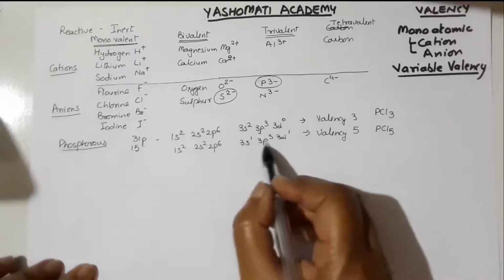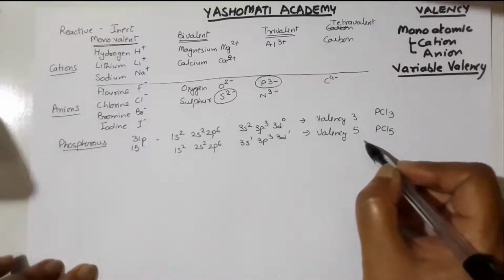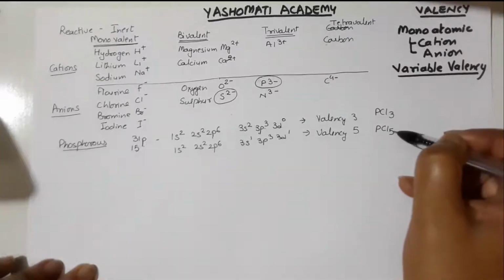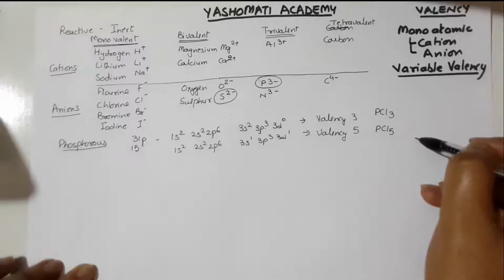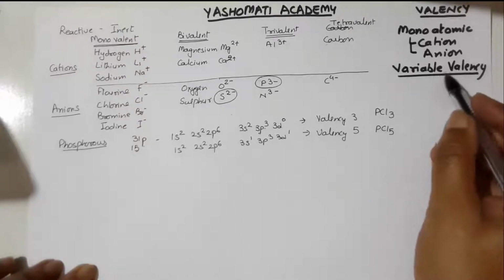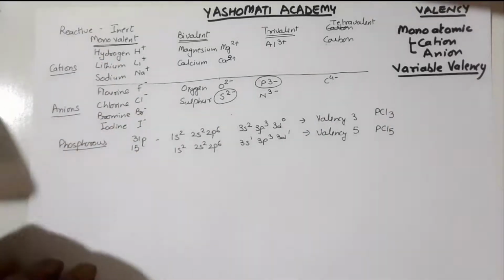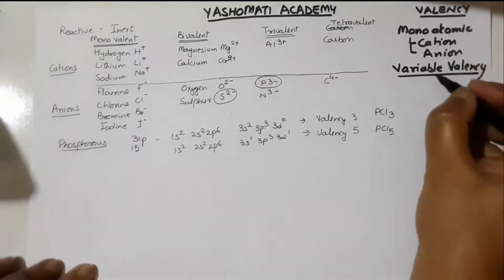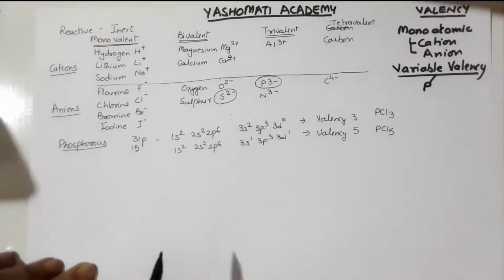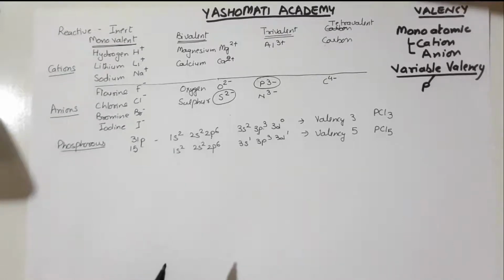Because of that, there are now 5 unpaired electrons which can show valency 5. Such elements which show more than one type of valency are called elements showing variable valency. So here we have discussed the example of phosphorus. I hope you understand why phosphorus is showing variable valency, that is 3 and 5.